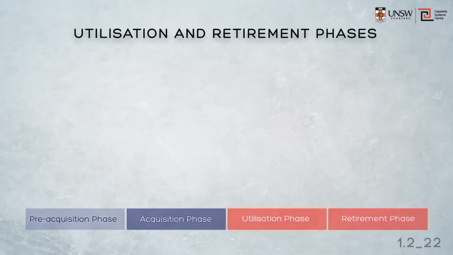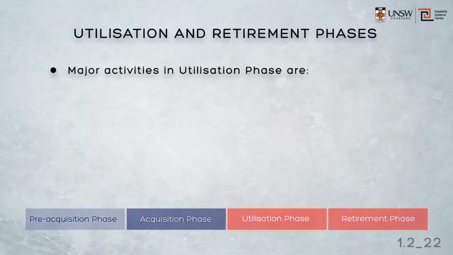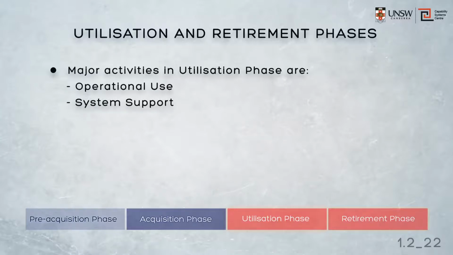On acceptance from the supplier, the customer then moves the system into utilisation by introducing it to service. The major activities during this phase are operational use, of course, it's the purpose for which the system was designed, and system support. System engineering activities may continue during the utilisation phase, mostly to support any modification activity that may be required.